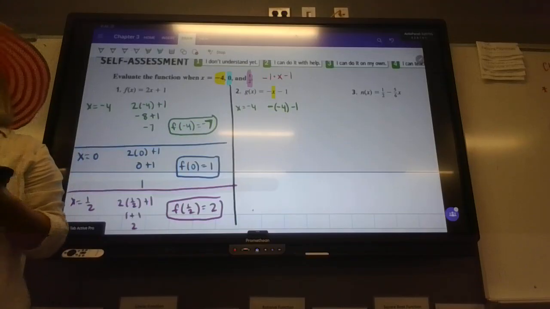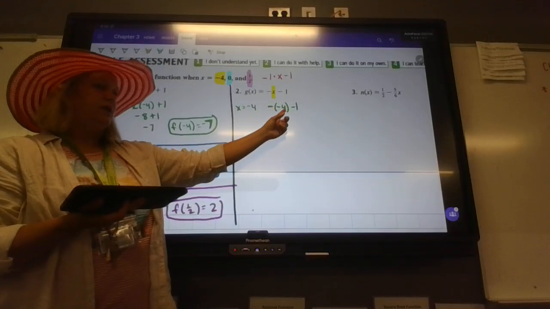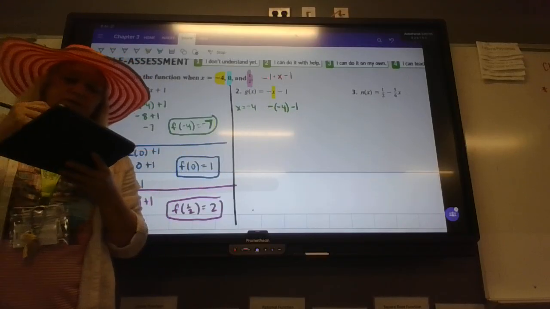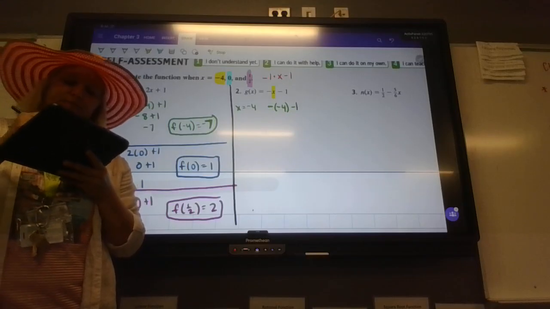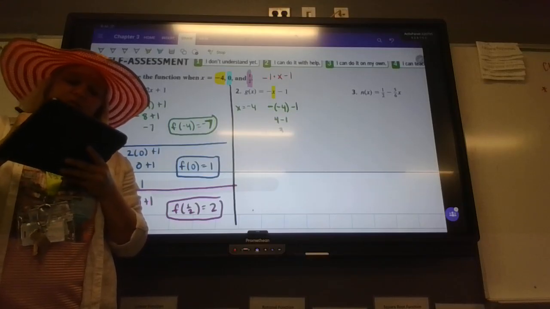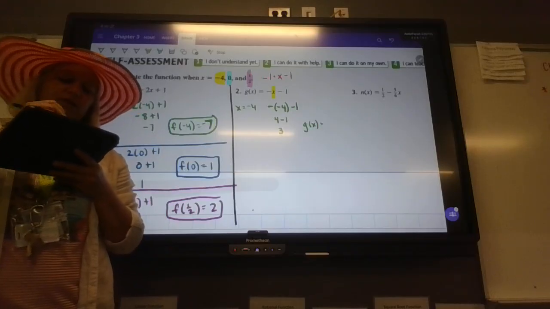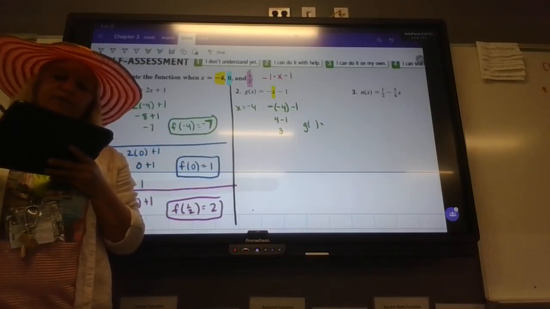Yeah? So since there's a negative sign and I'm plugging in a negative times a negative makes a positive. +4 minus 1 is 3. And this one's called g. So I say g of, what did I put in for x? I put in -4 in for x, and I got a 3 out.